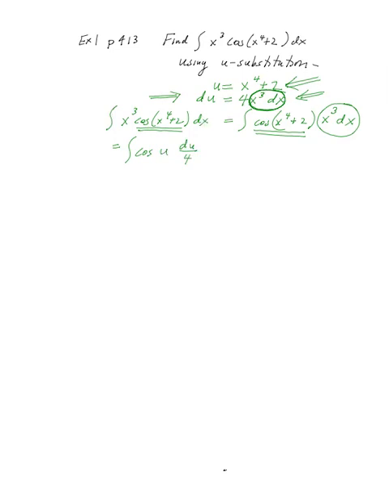Do you see that? I'm going to write that up here. du is 4x cubed dx, so du over 4 is x cubed dx. So I'm going to take x cubed dx and replace it with du over 4.